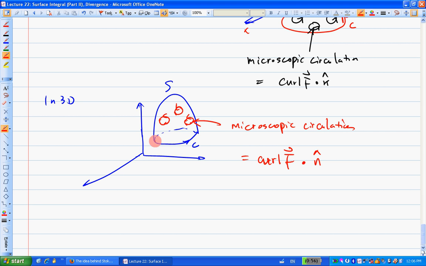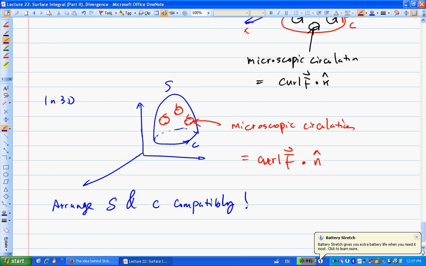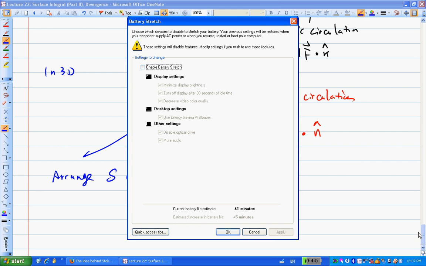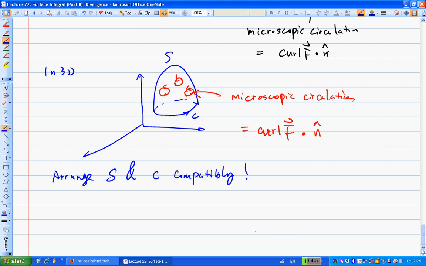Now, come back to the specifics. Number one, Stokes Theorem is not arbitrary here. You have to arrange this S and C compatibly. I'll explain what compatible means here.